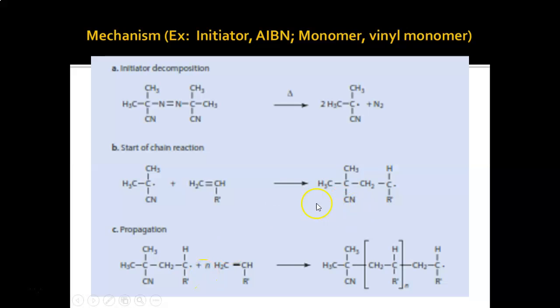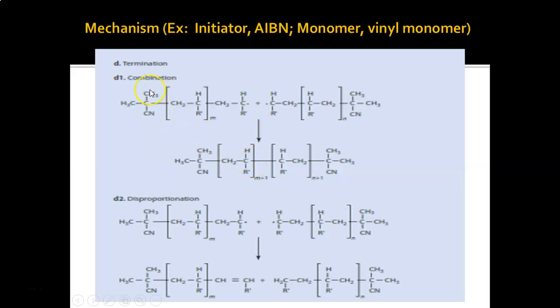Then copy the structure again, and it reacts with another monomer, so there should be a double bond here. During propagation it produces a propagating polymer with the active site, with n units of polymer propagated.